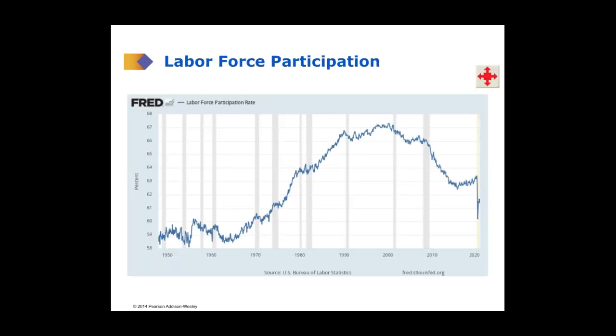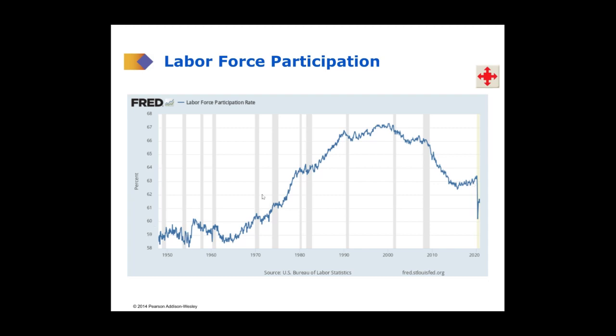This is an example of the labor force participation rate. It's pretty low down here comparatively in the 1950s and 60s. It goes up in the 70s. It's very high here in the 2000 timeframe, and it's gone down somewhat in the last 20 years.